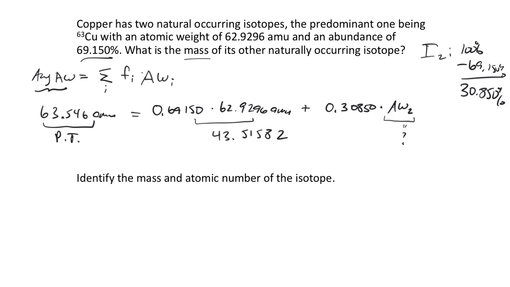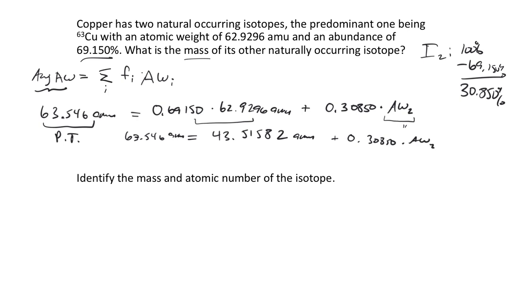Let's go to one extra digit of AMU, that's going to be equal to 63.546 AMU. Then I'm going to add the 0.30850 times the atomic weight of isotope 2.